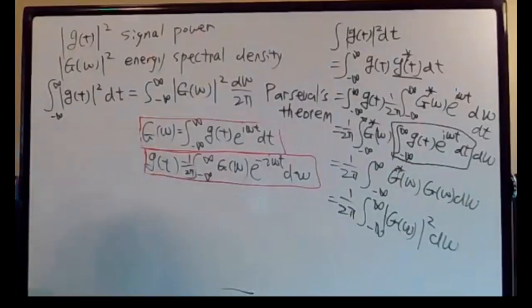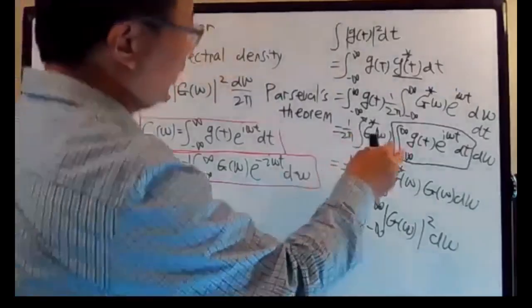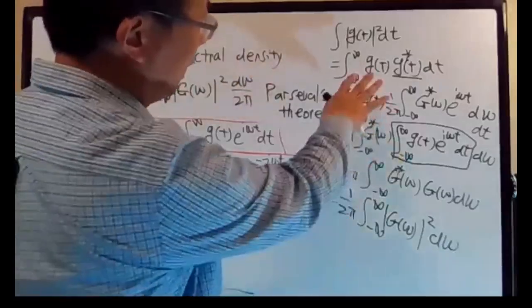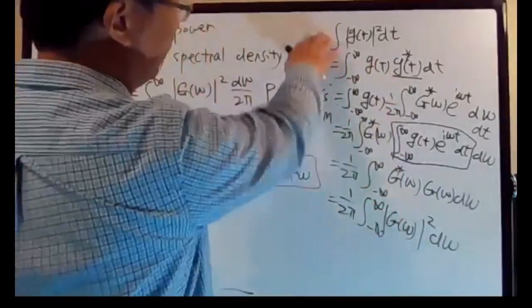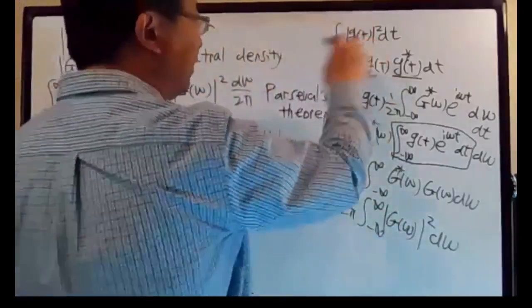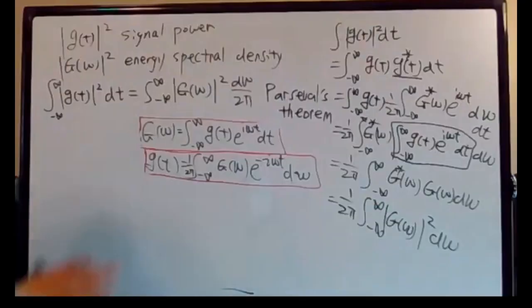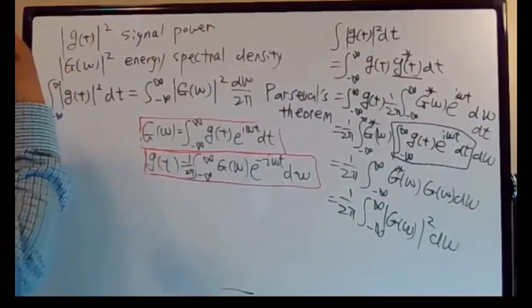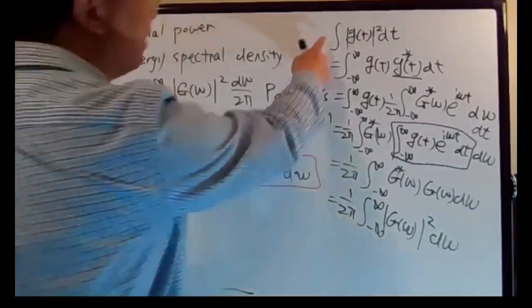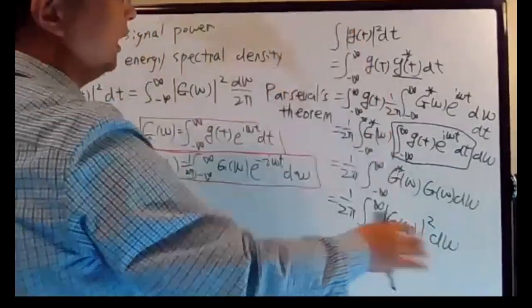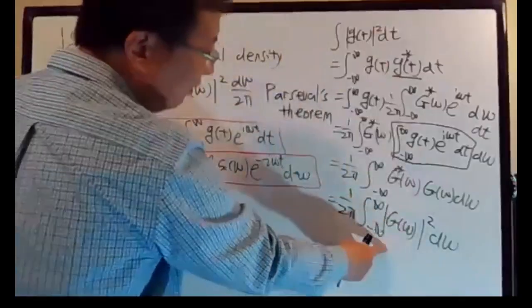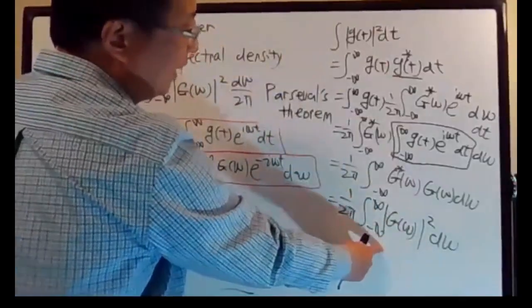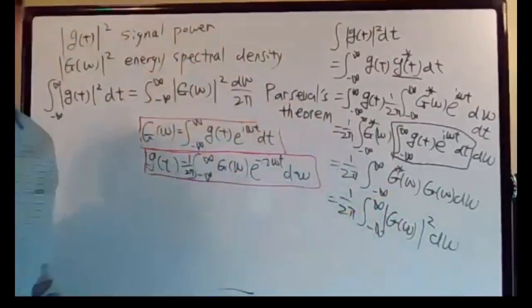Okay, so now we have this derivation. The integral in time domain of the power, all the energy in the time domain, is the same in frequency domain with a factor of 2 pi.